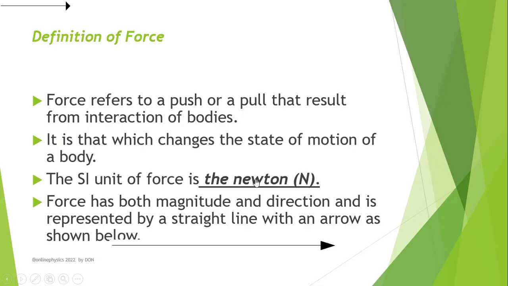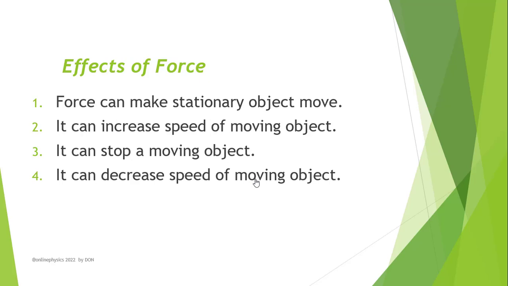Then we can talk about how force can increase the speed of a moving object. If a body is moving and force is applied in the direction of motion, the moving object will accelerate. That is, the speed of the moving object increases. Then we can talk about stopping a moving object.